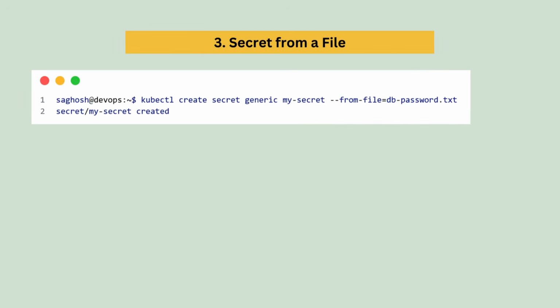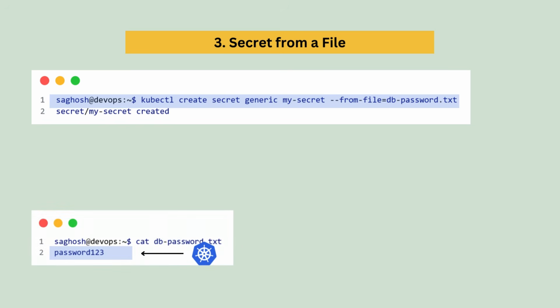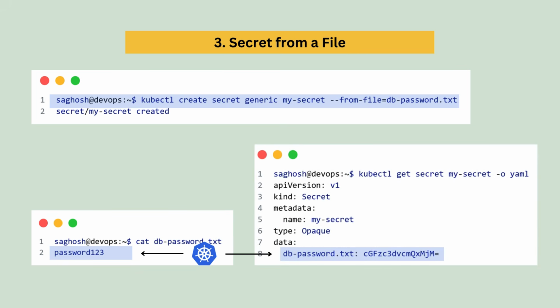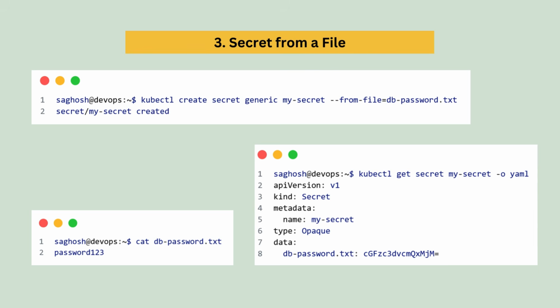Next, let's create a secret from a file. So when you run this command, Kubernetes takes the content of the file and turns it into a secret value. So this part, --from-file and dbpassword.txt, tells Kubernetes to read this particular file. And the file name dbpassword.txt becomes the key inside the secret.